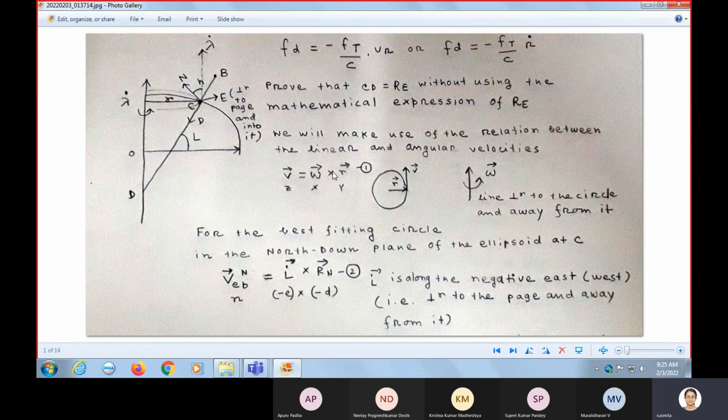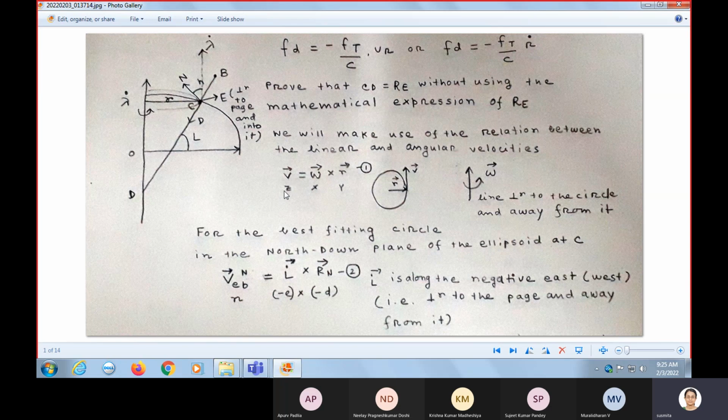We know V is equal to omega cross R. For a circle, R is the radius, V is the linear velocity which is tangential to the circle, and omega is perpendicular to the circle and away from it. I have shown the directions. This is R radially outward, V, and omega is perpendicular to the page and away from it. So V is equal to omega cross R.